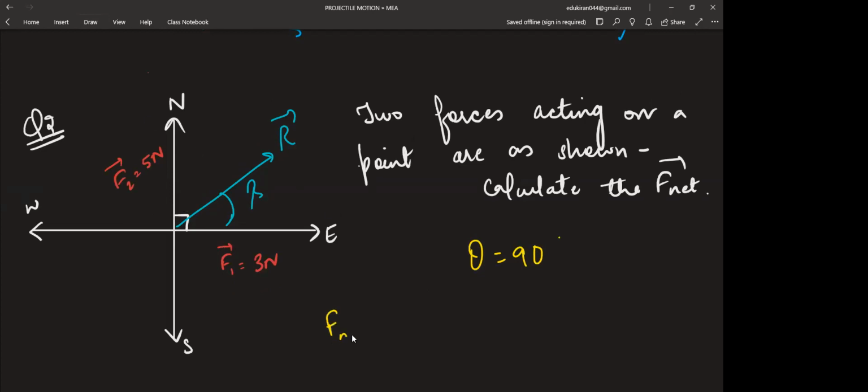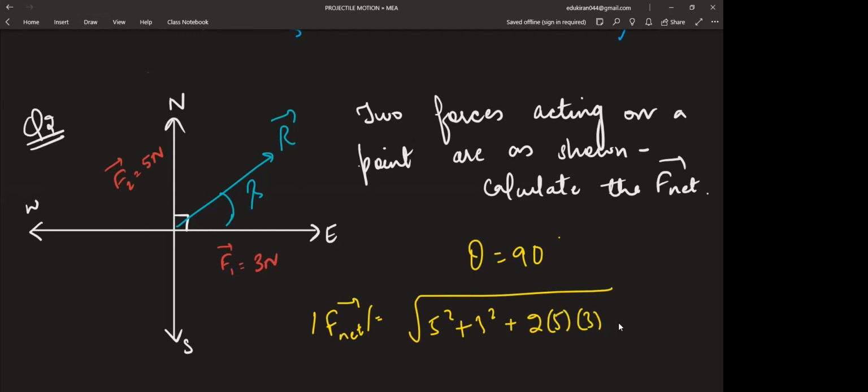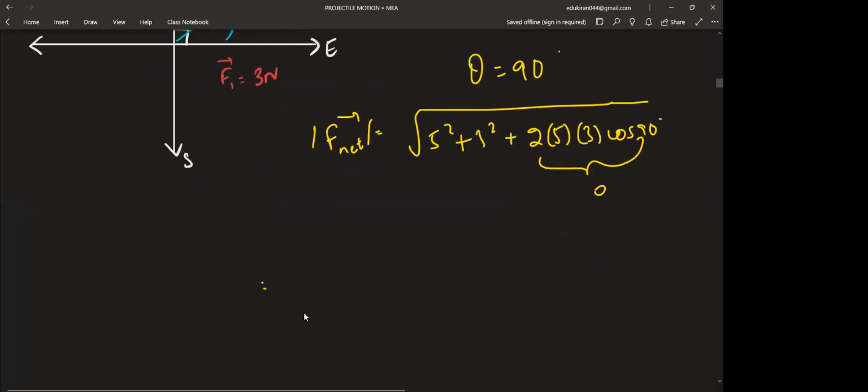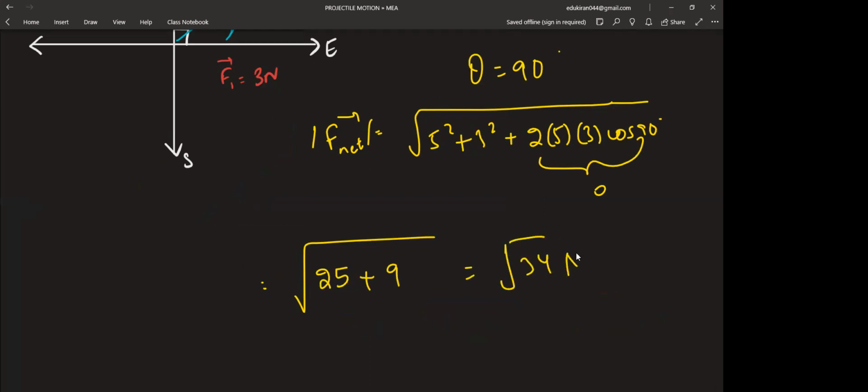So when you are calculating the net resultant's magnitude, this would be 5 square plus 3 square plus 2 into 5 into 3 into cos 90 degree. See class, this term will directly be 0. So we'll just have root 25 plus 9. So this is equal to root 34 Newton.